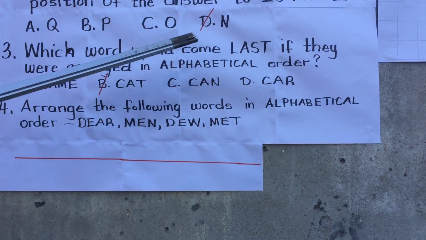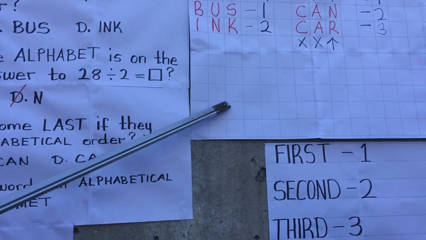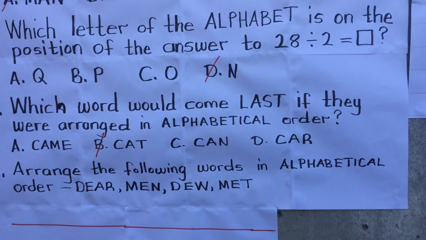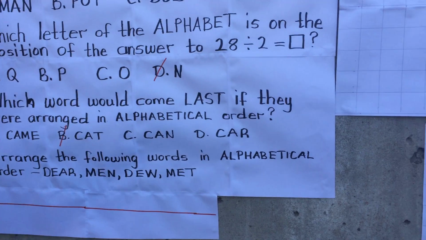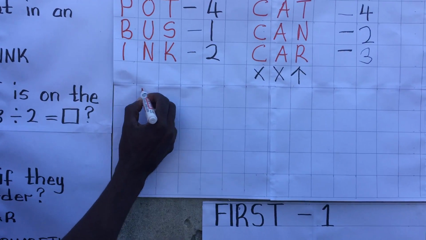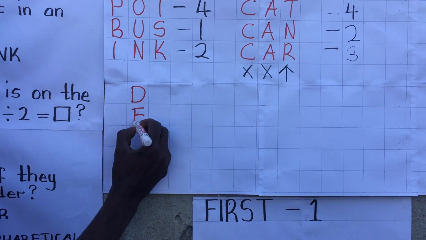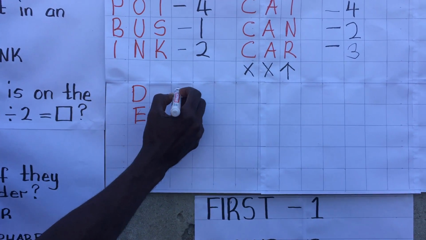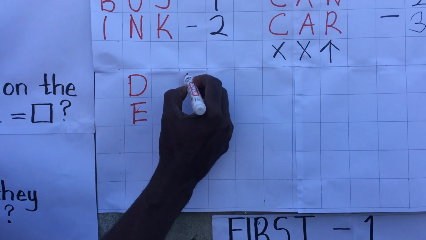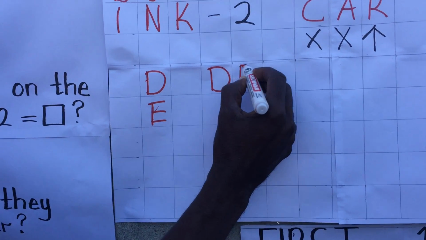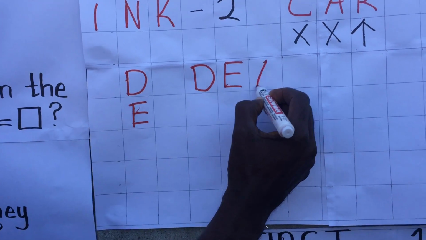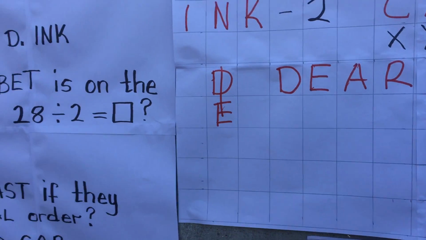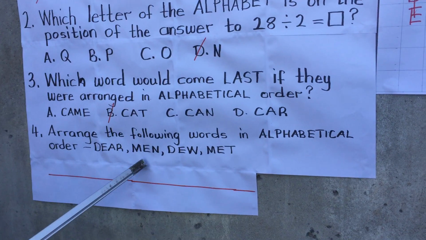I think I'll use this part here. So where I'll write dear, I'm going to write dear there. Okay, let me not put it this way. Sorry, let me put it like this. Okay, that is dear.